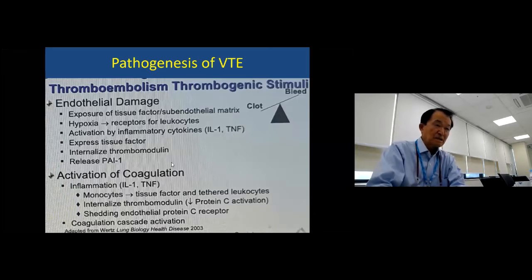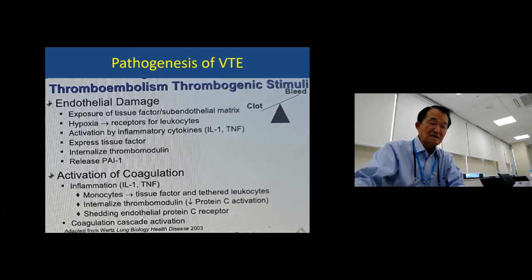Just like everything else in our body, homeostasis is always required. If there are too many clotting factors, you get clotting, and the more bleeding, so it should be balanced.